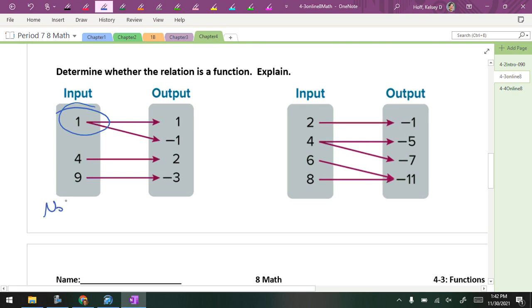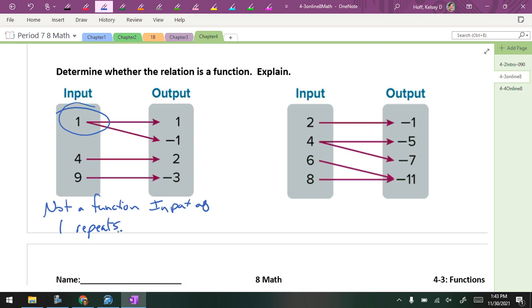Not a function. Input of 1 repeats. And I want you to have that explanation so that in 4 days, or on Thursday night when you're preparing for your quiz and you go back to look at this, you're like, gosh, I can't remember why I said not a function. Not a function because the input of 1 repeats.